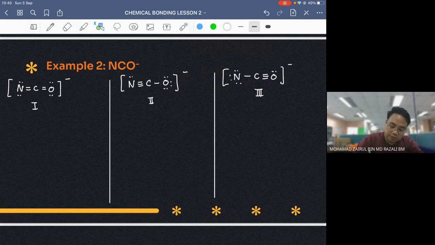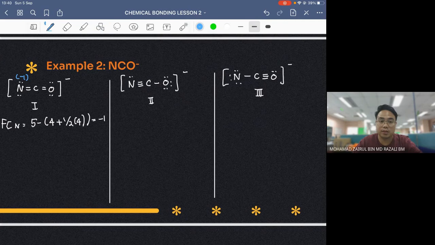Okay, so the formal charge for N: the valence electron for N is equal to 5, and we have 4 lone pair electrons plus half the bonding pair electrons. The bonding pair is 4, so altogether minus 1. So the formal charge is equal to minus 1.